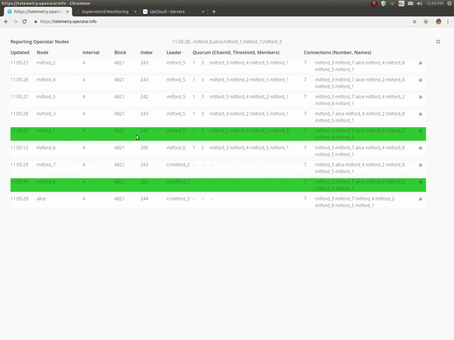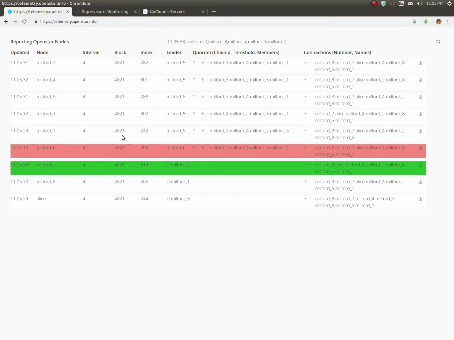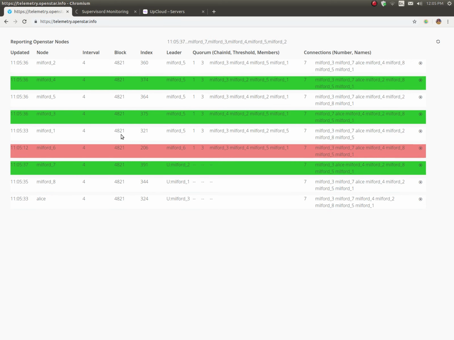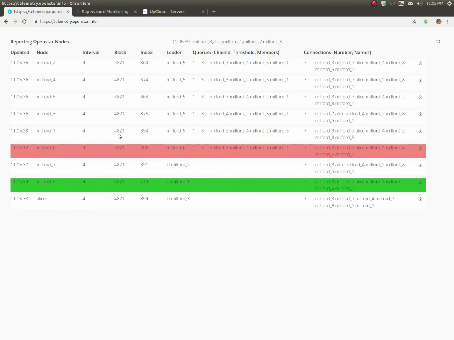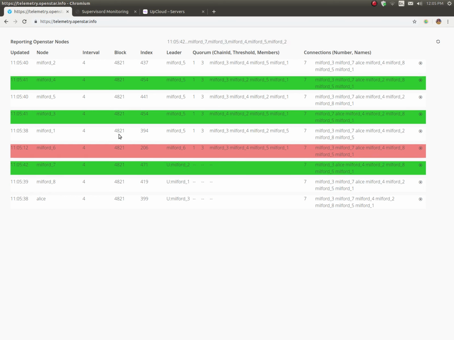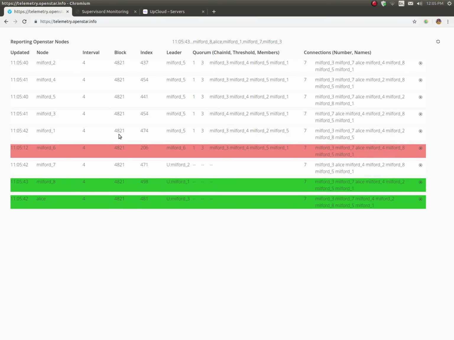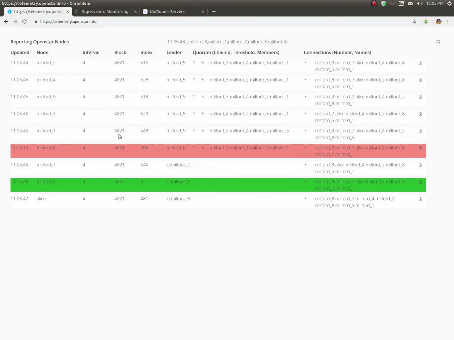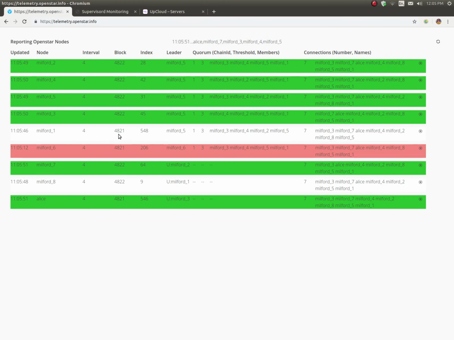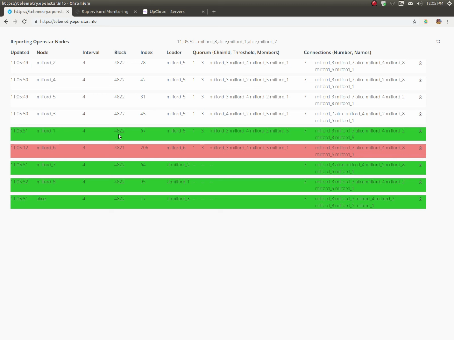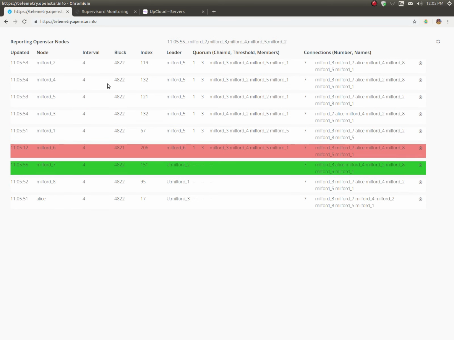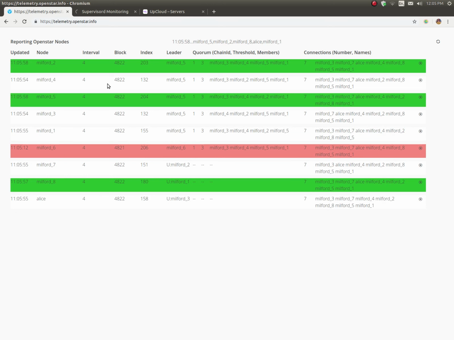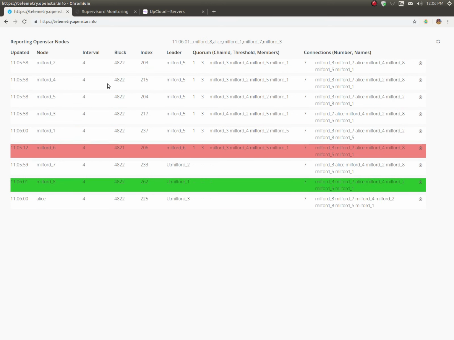So there's 4821. 4822. Okay, so that's the leader failover, and failover for all the downstream clients as well working.